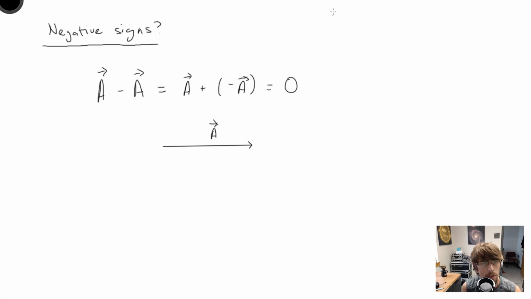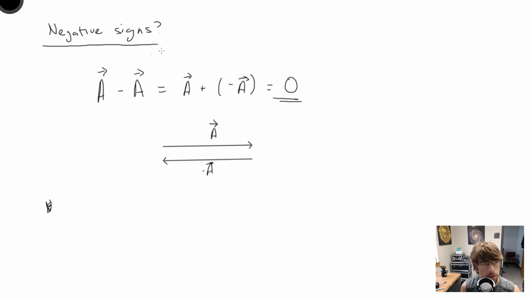So if this is vector A, let's copy it, paste it, and move it around. Negative A must be pointing in exactly the opposite direction. In other words, here is negative A. So that when you add the two together, A plus negative A, you end up with 0. So a negative sign simply flips the vector by 180.